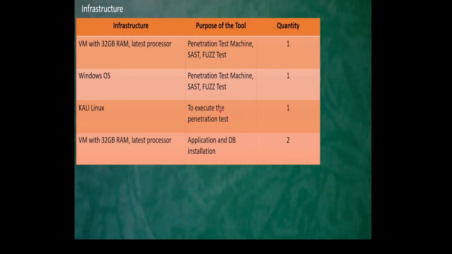Windows OS, penetration test machine, SAST, fuzz test execution, quantity 1. Kali Linux, quantity 1. VM with 32 GB RAM, this is for application and DB installation. So the quantity is 2. So this is the sample infrastructure and OS details we considered for these proposals.